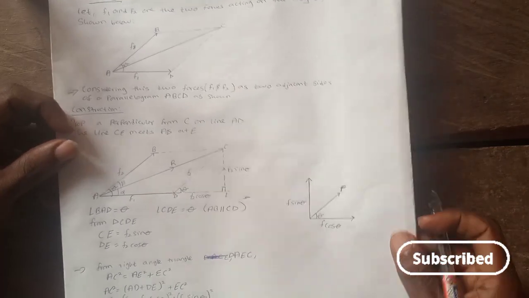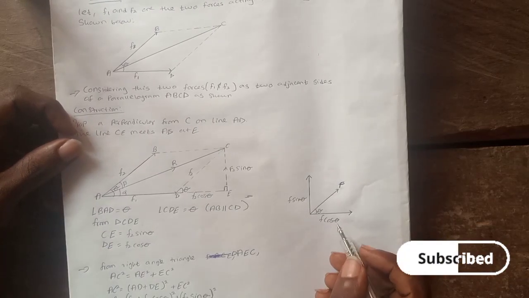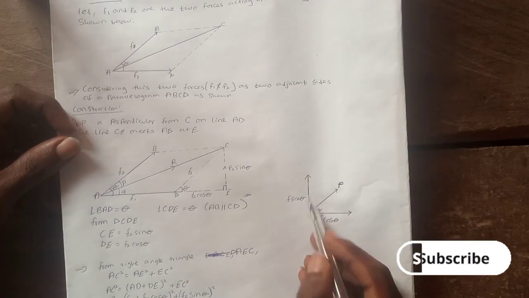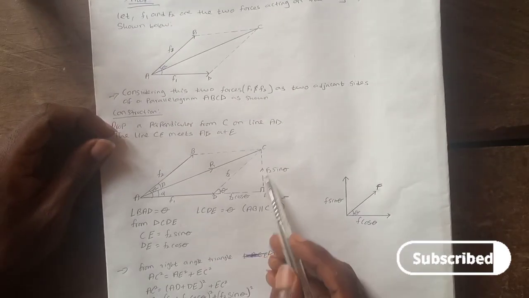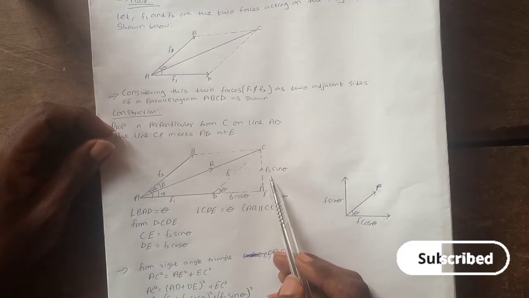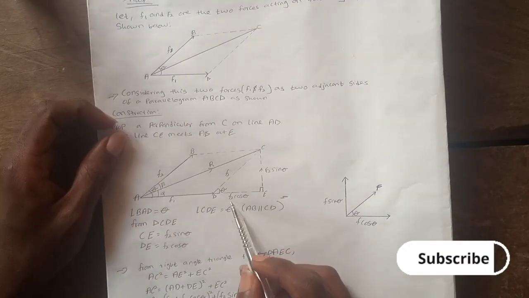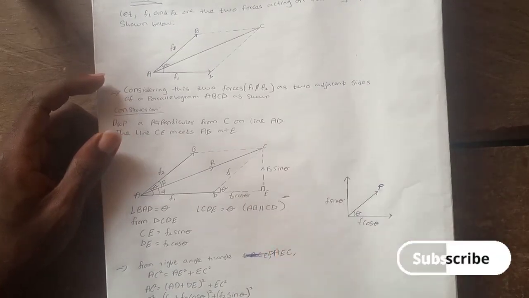So the one that is acting as the adjacent will be cos, so it will be F cos theta, while the one that acts as the opposite, which is this side, will be F sin theta. So that's why here in this triangle CDE, this is the opposite, so it will be F2 sin theta, while the adjacent will be F2 cos theta, because the force acts at an angle.